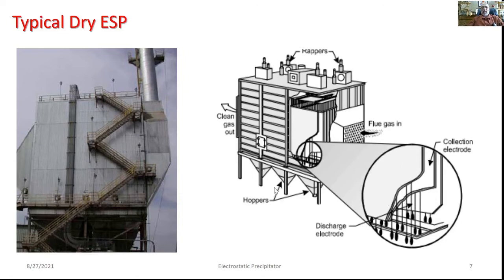At the bottom are the hoppers to collect the solids after they are removed from the vertical plates. These are certain electrical arrangements to establish the required controls over these compartments.